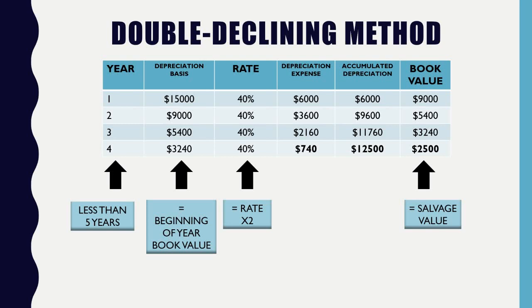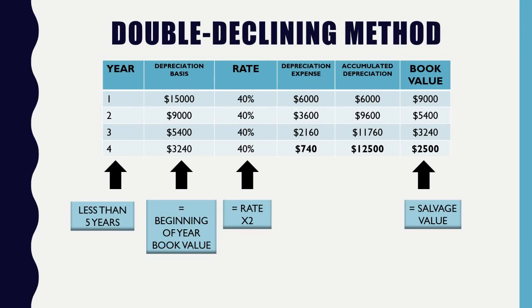What you do notice is that your depreciation basis is always going to change, because you're solving for your book value at the end of each year. The rate stays the same, but it's multiplied by 2. It's 1 divided by the estimated useful life times 2. You're depreciating it twice as much.